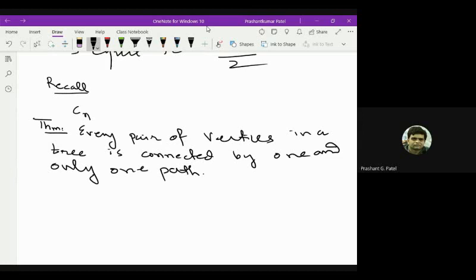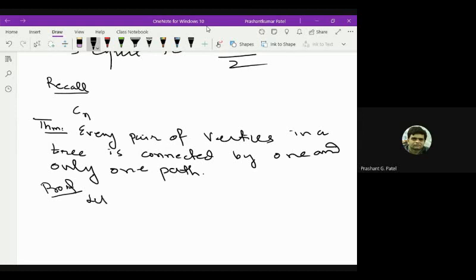So it says that in a tree, every pair of vertices is connected by only one path. There is always one path. What will happen if it has two paths? That is the way we can prove this result.